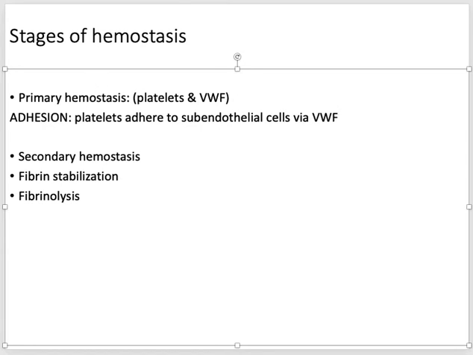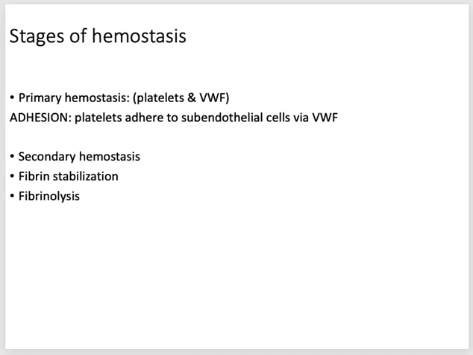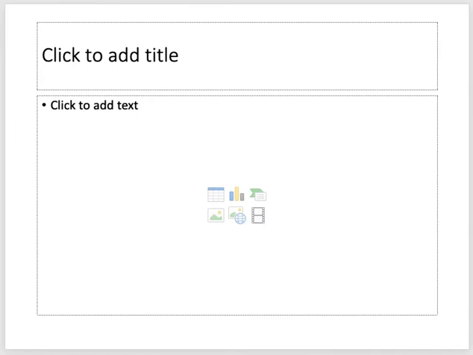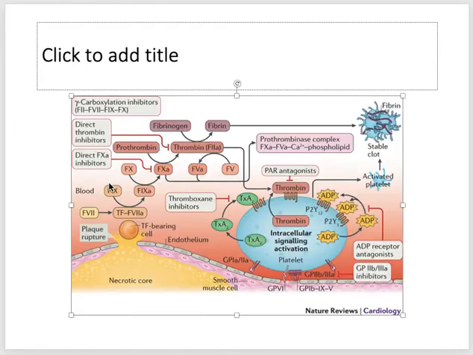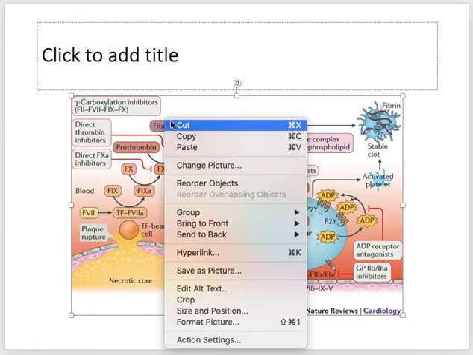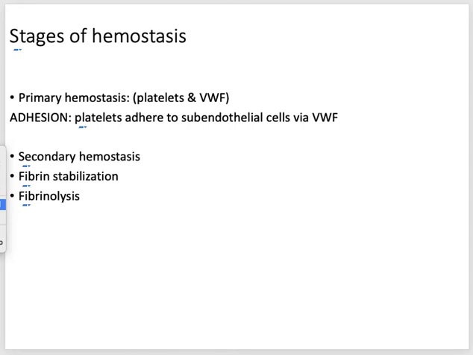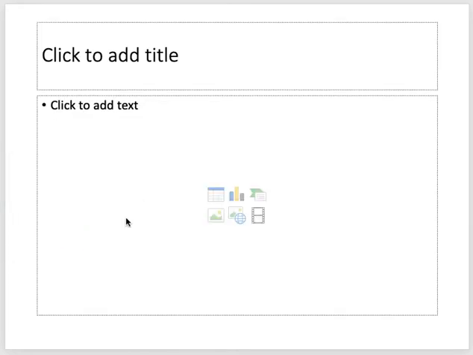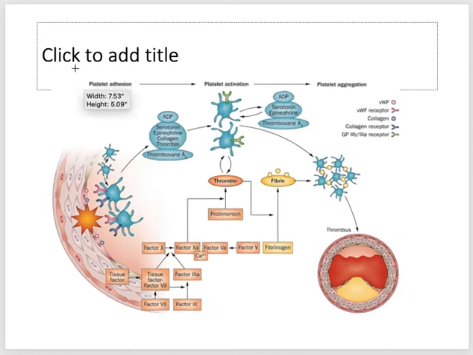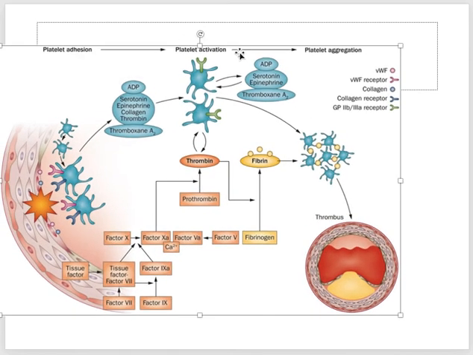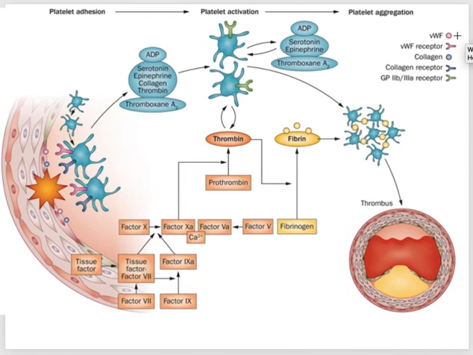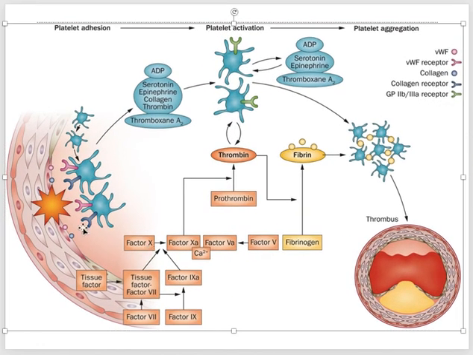I can show you a few diagrams as well for this one. See, what will happen? The story goes this way: as soon as there is damage to the vessel wall, the von Willebrand factor will start releasing.